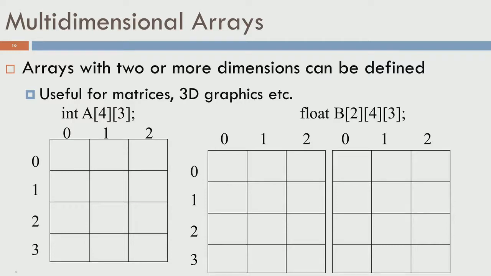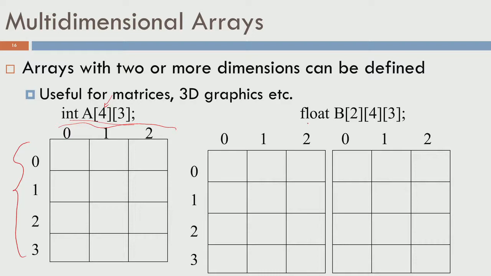For instance, if I have a declaration int a[4][3], it means that we have 4 rows numbered 0, 1, 2, 3, and the number of columns being 3, numbered from 0 to 2. So, we have 4 rows by 3 columns.